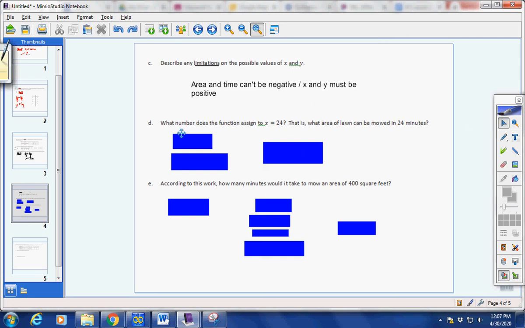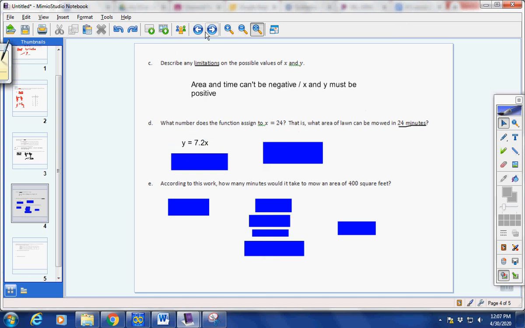Okay, so what number does the function assign to x equals 24? What area of the lawn can be mowed in 24 minutes? So again, when we get this, what number does the function assign? Well, it just wants to know, hey, if we're talking about 24 minutes, x is our minutes right here.